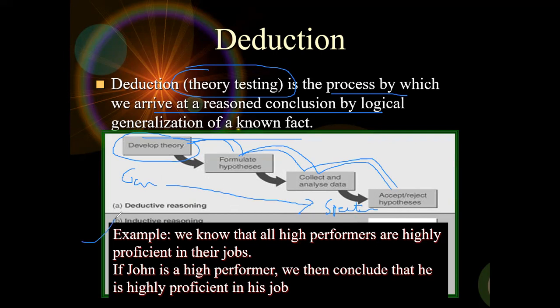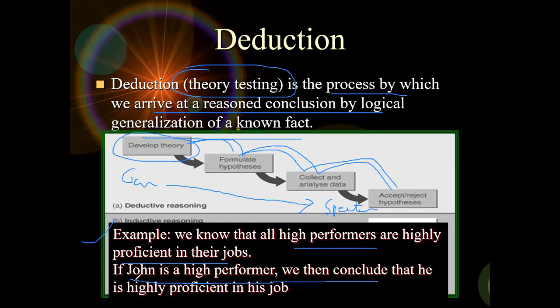There could be a lot of examples about this. We know that all high performers are highly proficient in their jobs. So Mr. John is a high performer. We then conclude that he is highly proficient in his job. So a generalized relationship between performance and proficiency already exists. A specific one is Mr. John. So Mr. John is a high performer.